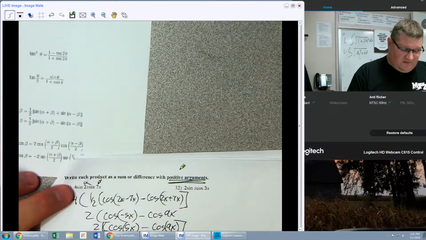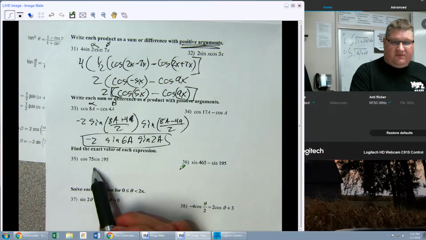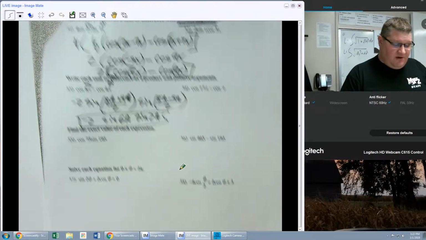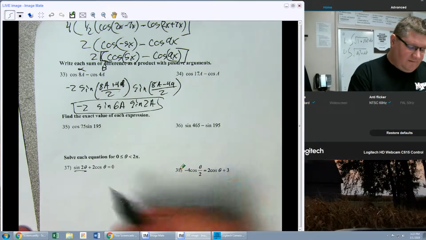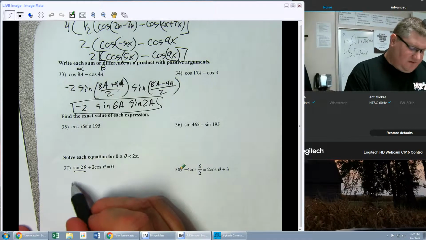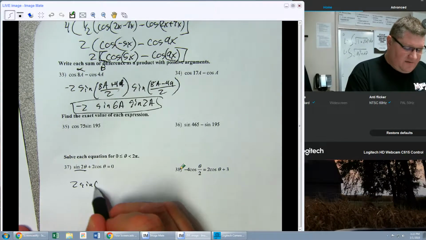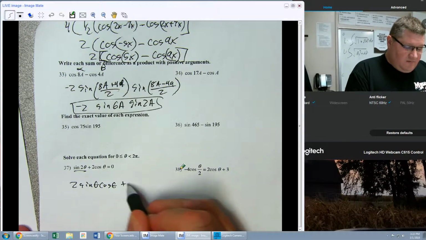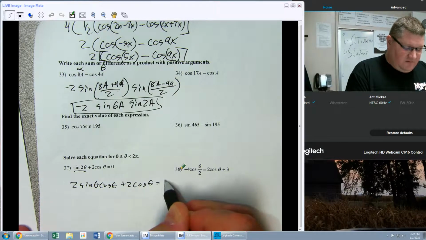Well, it's this, except you actually do it with numbers. Now, down here on the bottom, we want to solve each. Well, sine 2 theta. Man, that looks like in class. Well, that's fine. 2 sine theta cosine theta plus 2 cosine theta equals 0.